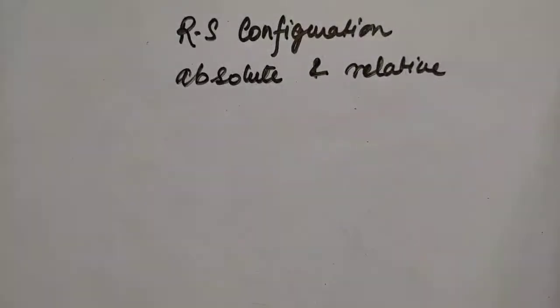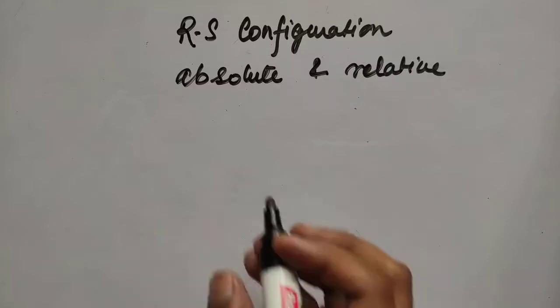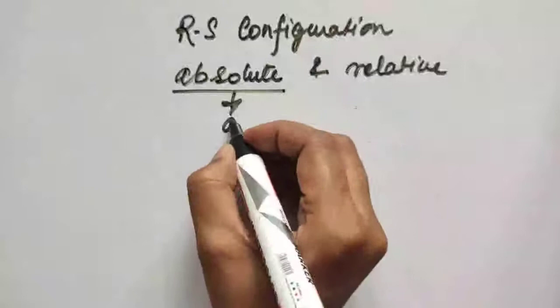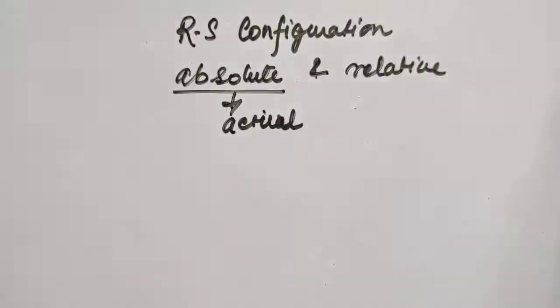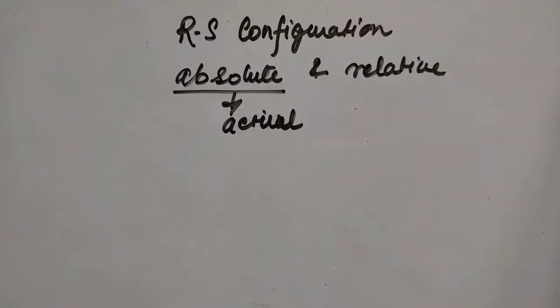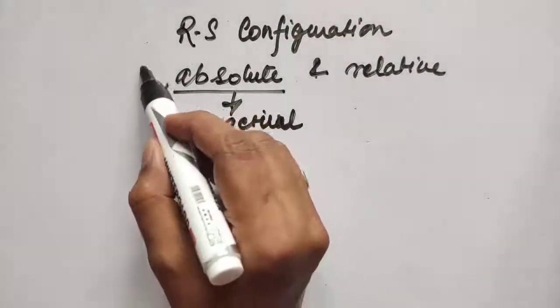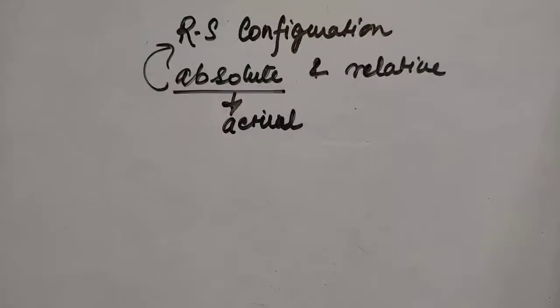Absolute and relative configurations are possible to define the characteristics of a molecule. By absolute configuration we mean the actual arrangement of atoms or groups of atoms in space of a particular stereomer of a compound. And in this video we will discuss only the absolute configuration, that is, the RS configuration.